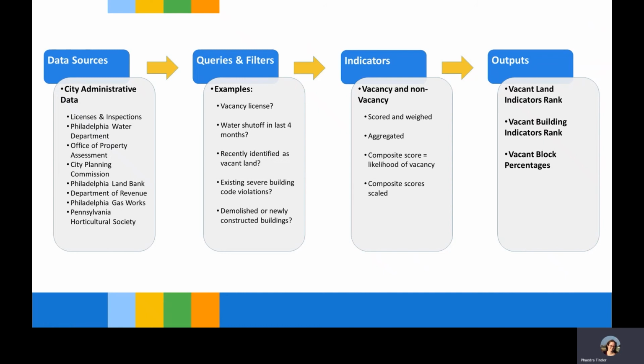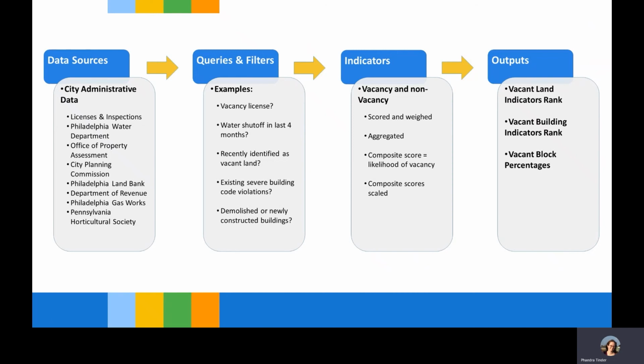For instance, if they have a vacancy license, it's probably vacant. If the water has been shut off for a while. If it's got severe code violations, if it has recently been demolished, which is something that L&I tracks.